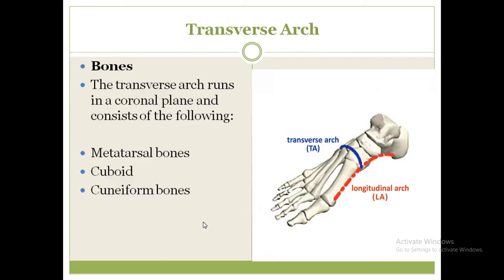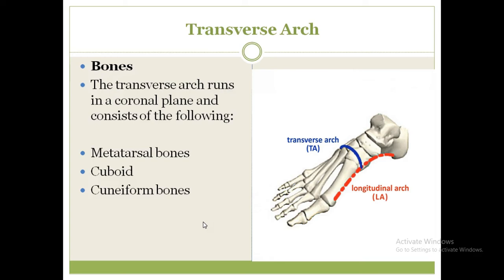So we have discussed the two longitudinal arches, that is the medial longitudinal arch and the lateral longitudinal arch. Now coming to the transverse arch. The transverse arch is formed by the metatarsal bones, the cuboid and the cuneiform bones.